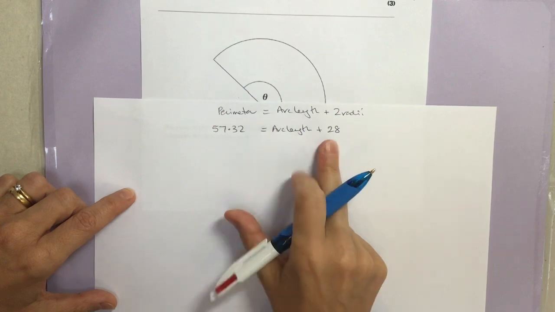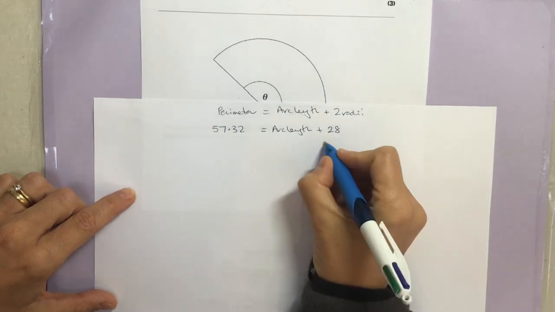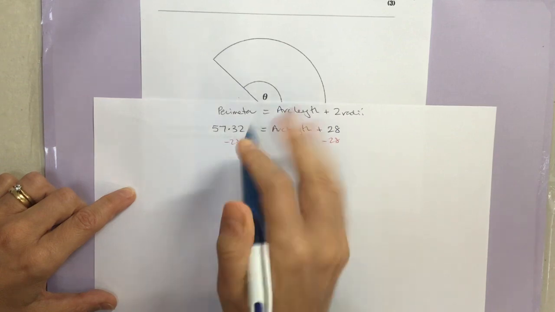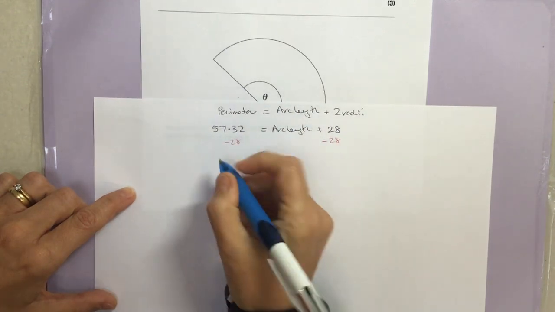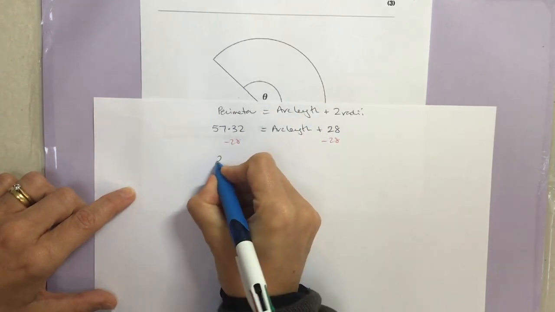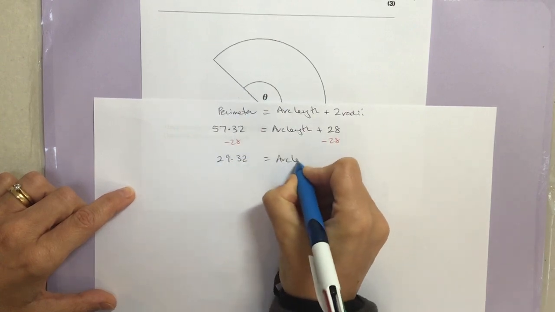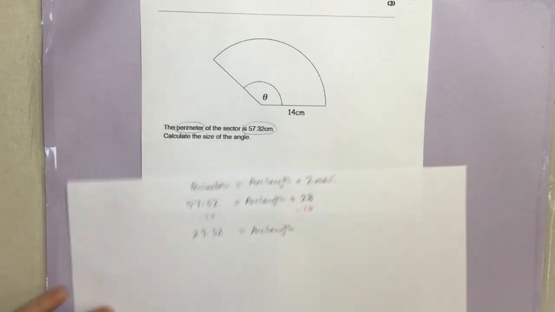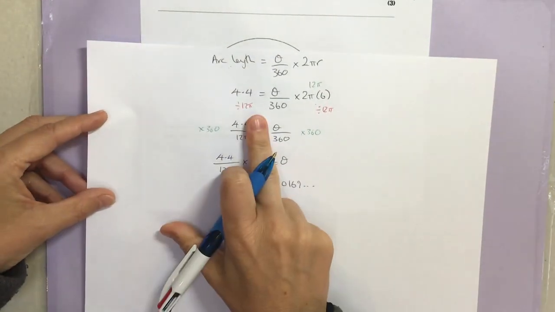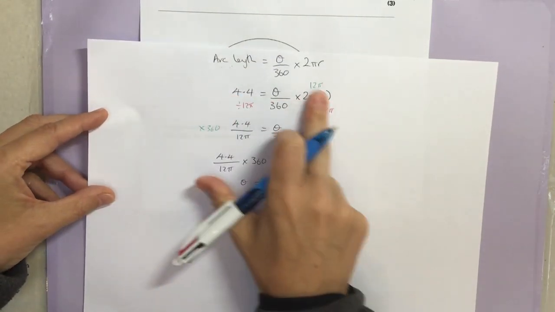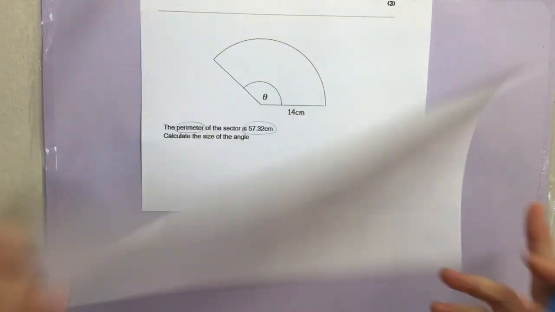Okay, so let's take the 28 off. So that's going to give me that we've got 29.32 is equal to my arc length. And then it's going to be really similar to this question now, because I know what the arc length is, and so I can put it into my formula and rearrange.